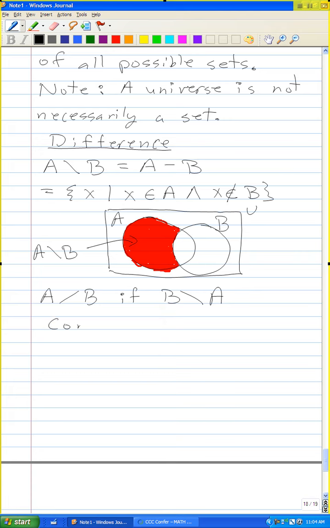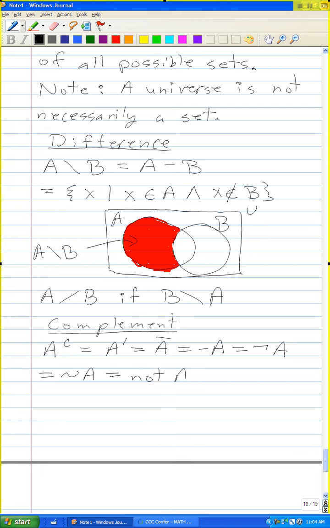Complement. A complement, sometimes denoted by a little dash, or this, or that, or not A. Those are probably the most popular notations for complement.